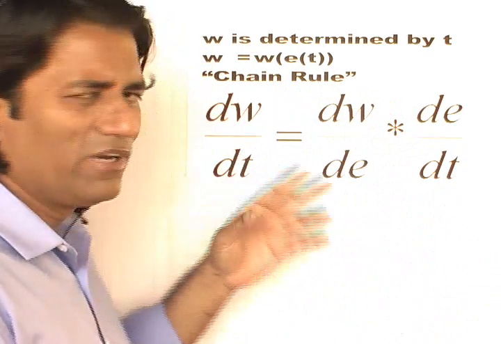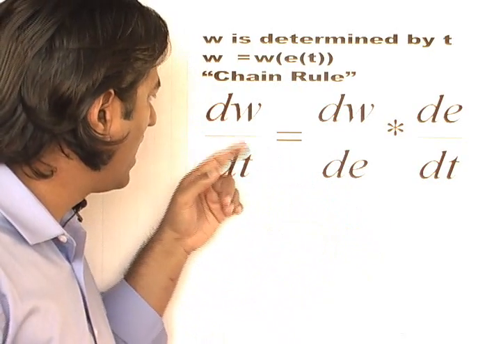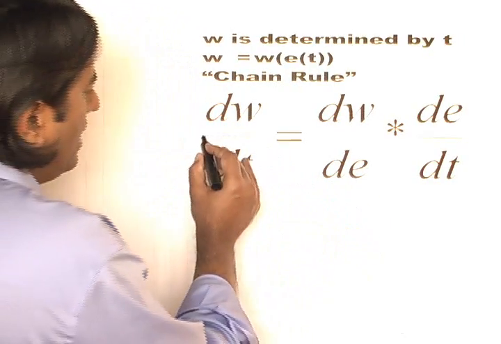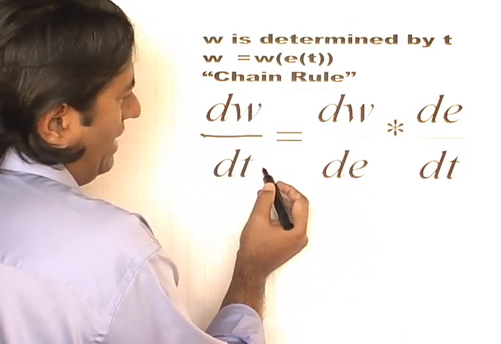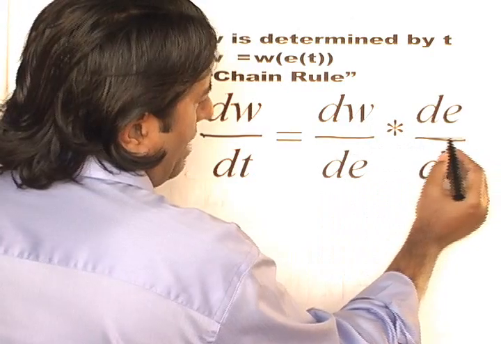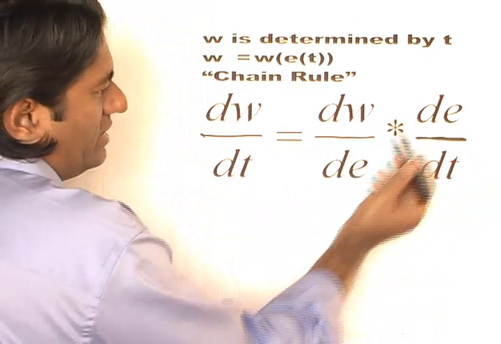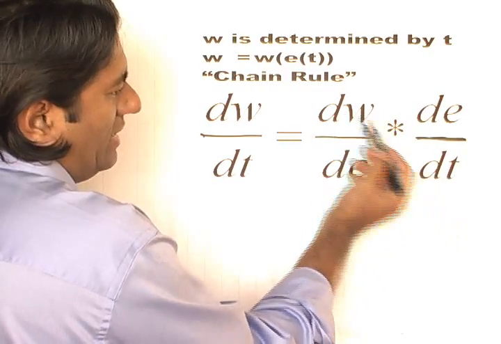Now, this chain rule seems pretty obvious, because you think, okay, dW by dT equals dW by dE into dE by dT. So you can think that, okay, if I just cancel dE and dE here, I get dW by dT.